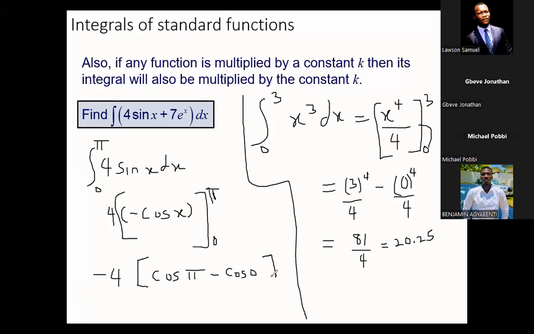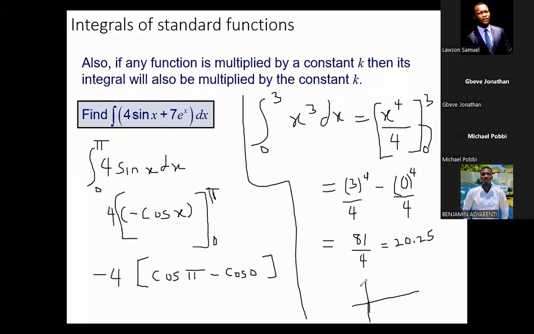So let's see what we're going to get when we find cos pi. Pi is 180 degrees. So cos of pi, we always know that the cos function is between 1 and -1.